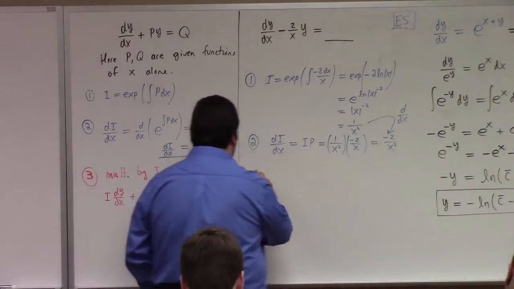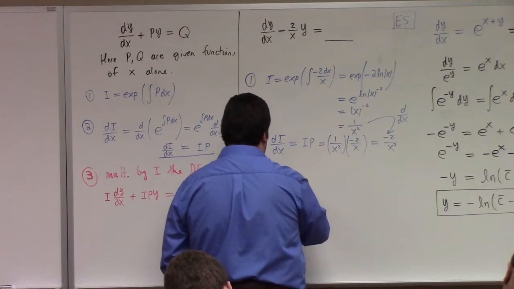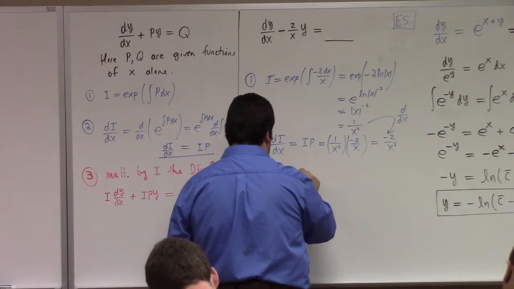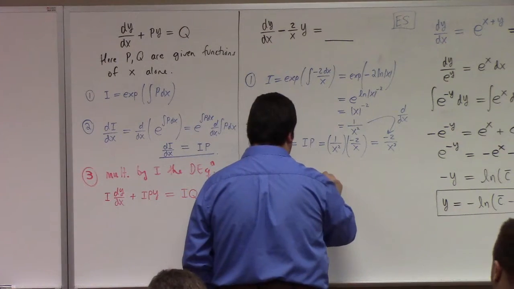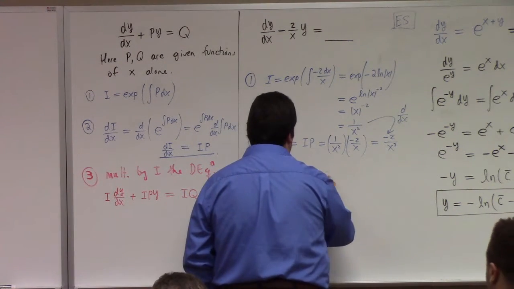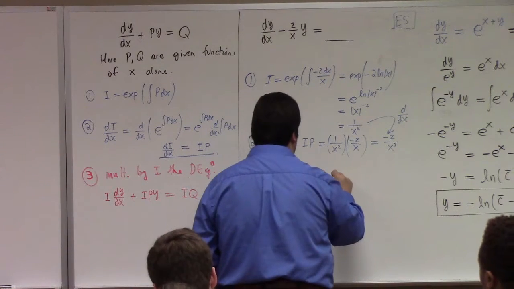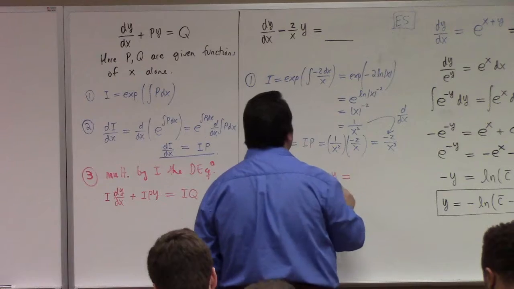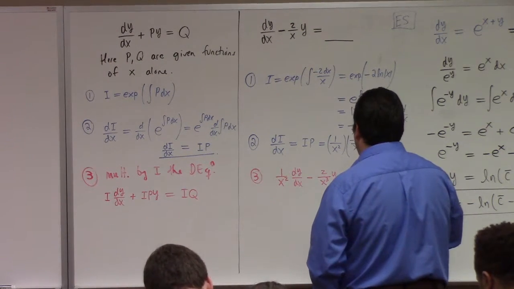So for the problem we're looking at, we have 1 over x squared dy/dx minus 2 over x cubed y is equal to, all right, just a second, I gotta think about this.